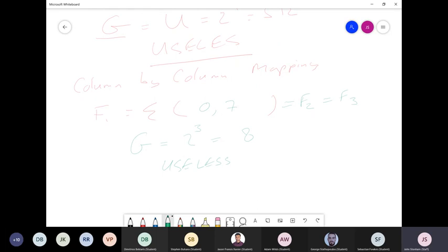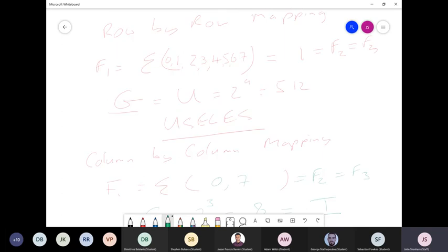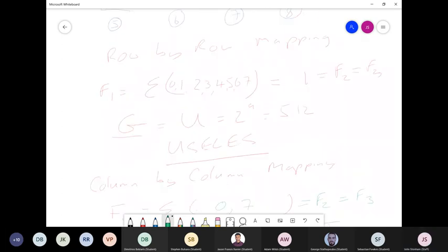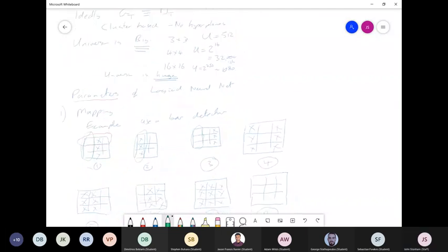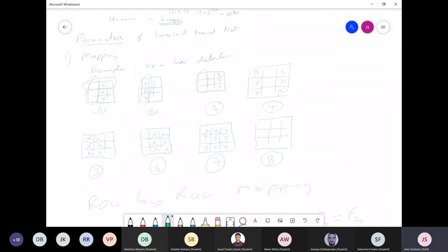And again, it is useless because it will only recognize the training set. Let's call it T, the set T. 8 patterns it recognizes, 8 patterns in the training set. There they are. It will only recognize those.